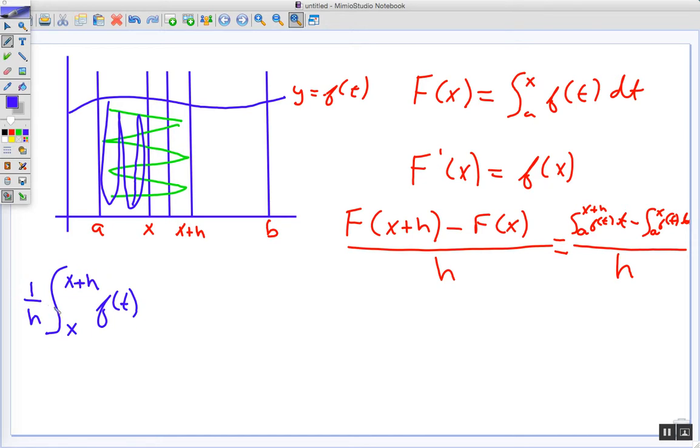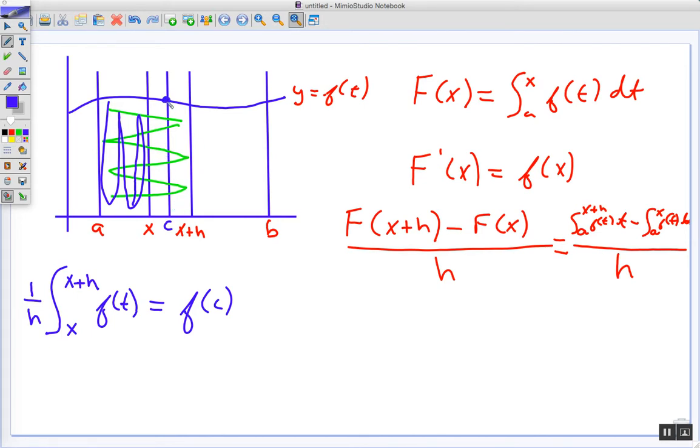When we look at that, the first thing that should come to mind is the mean value theorem for integration. So that is equivalent to some value f of c. Remember, the mean value theorem just states that if you have this interval, x to x plus h, there's some value in between x and x plus h that represents the average height.